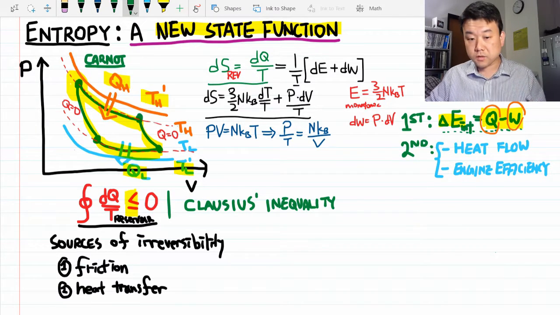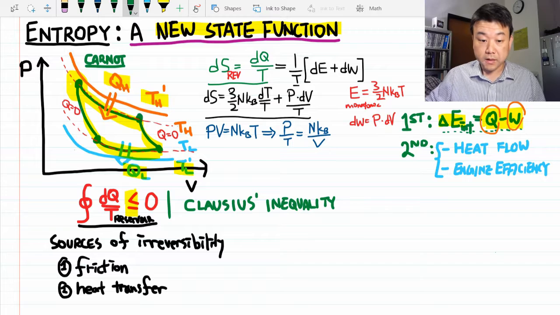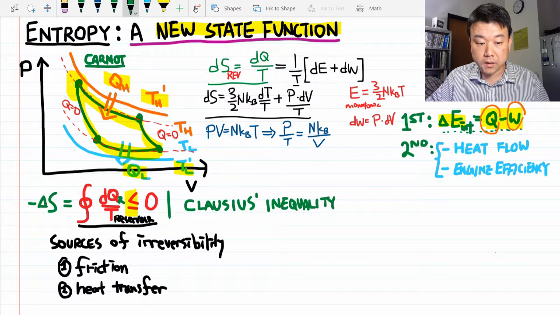And this does relate to the third way we will be specifying the second law of thermodynamics. Once you realize that you can relate dQ to heat transfer relating to the reservoir, what this integral actually represents is minus the change of the entropy of the reservoir.